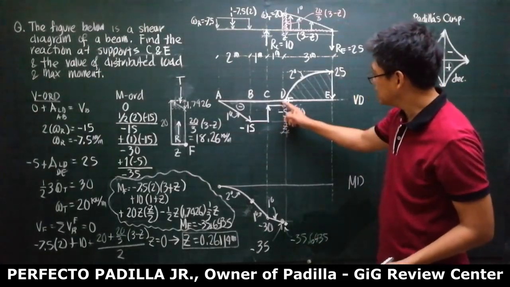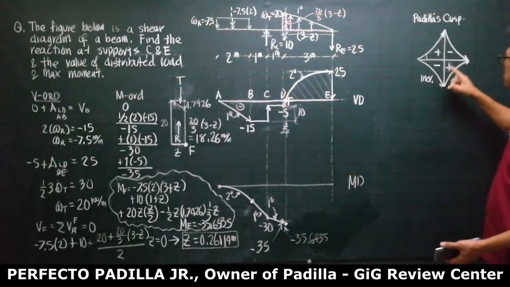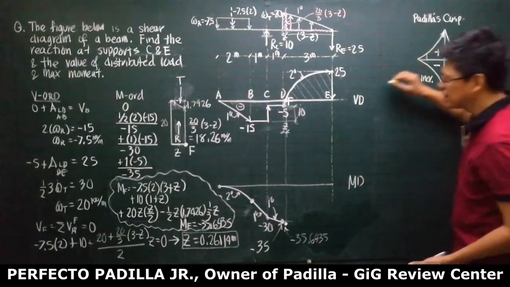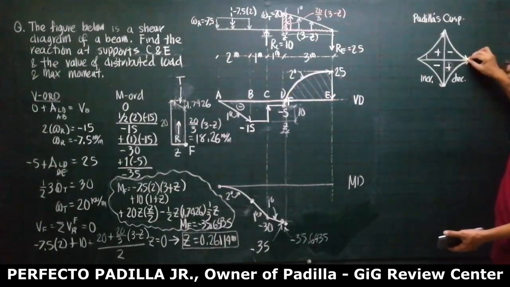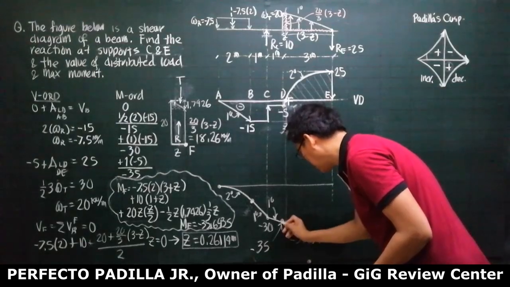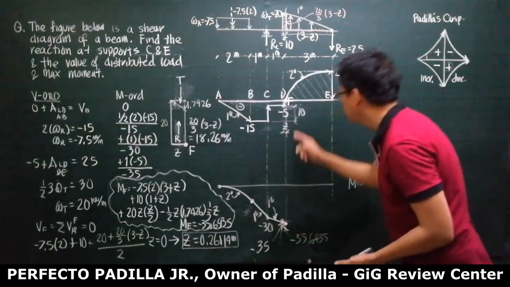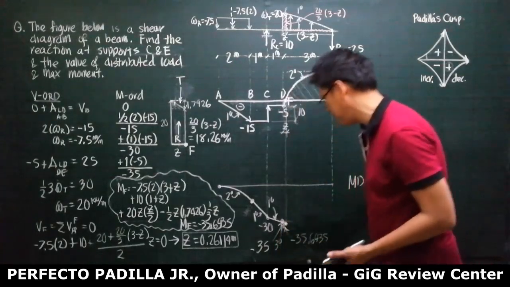So, this is negative area decreasing. Take note that this is the point of zero value. It will reach the zero value, that is the point of tangency with the horizontal, something like this. Okay? And this is second degree. This is third degree. Okay?